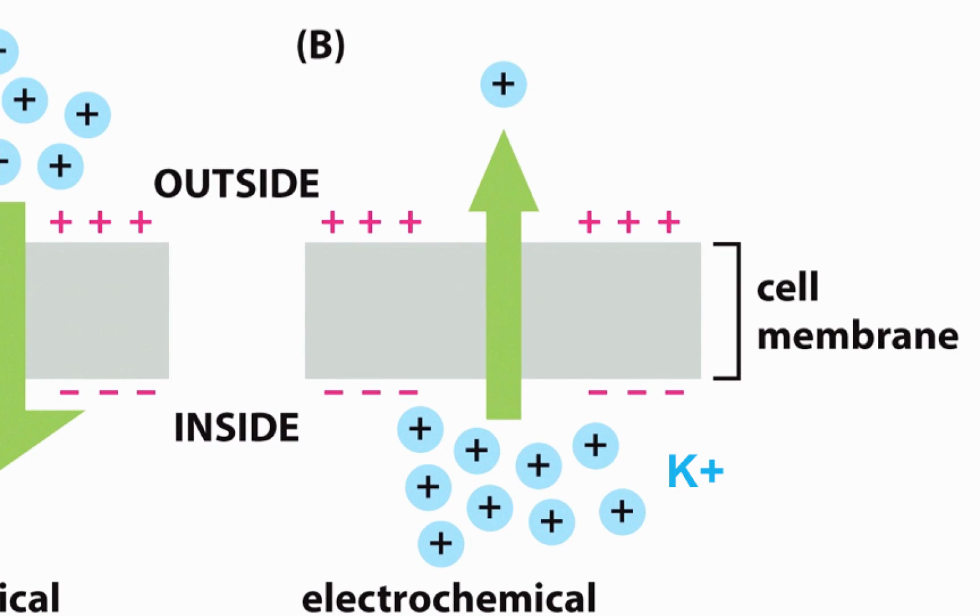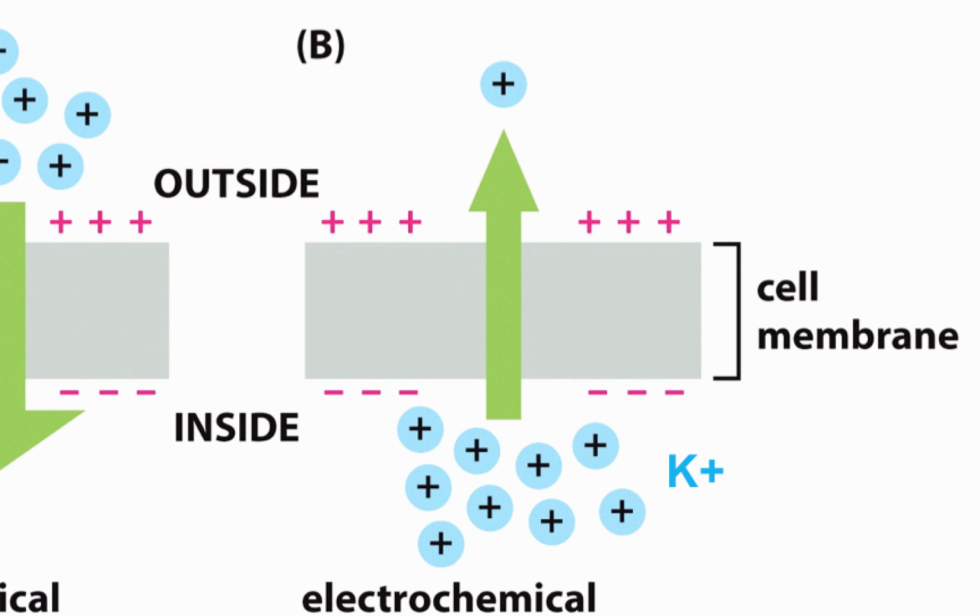On the other hand, let's take a look at potassium. The concentration gradient of potassium is greater inside the cell than outside, so it will lead the potassium ions to move outside of the cell. But the membrane potential is working against this, because those positively charged potassium ions would like to stay close to the negatively charged cytoplasmic region and not move towards the positively charged external region.